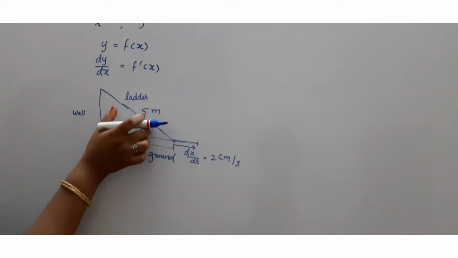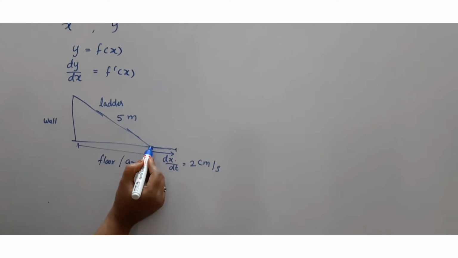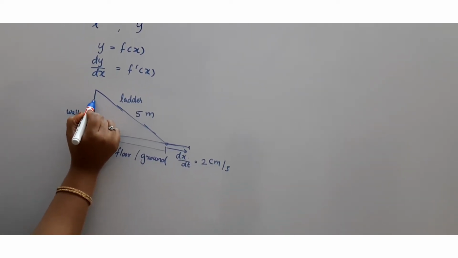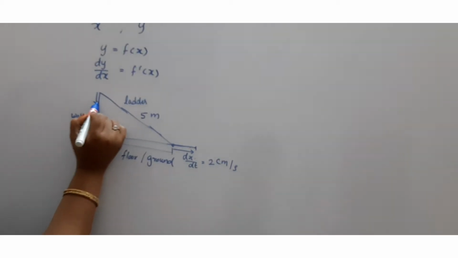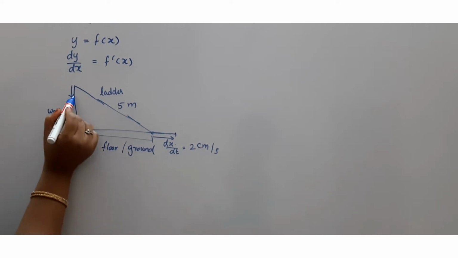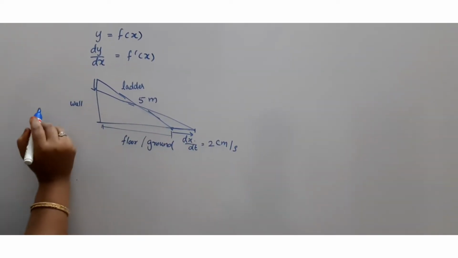The length of the ladder is constant. When this ladder is pulled along to this distance, we know that automatically the ladder will come in the downward direction because this is going away from the wall. So it may have a reduction in the height.